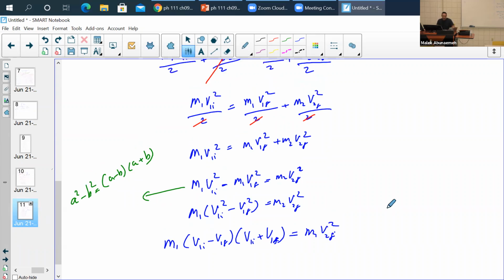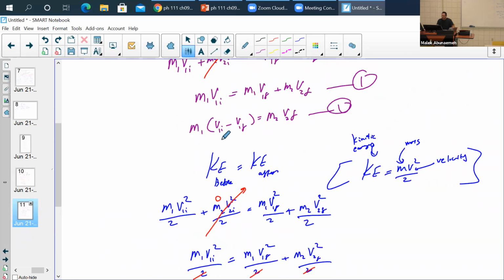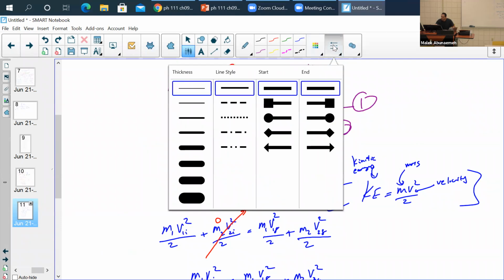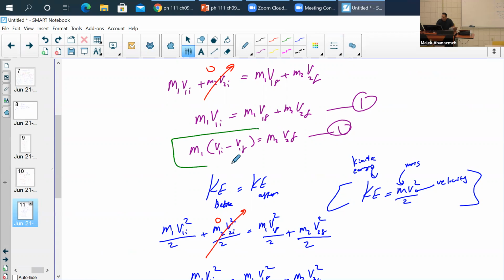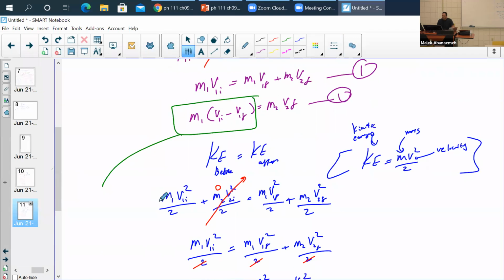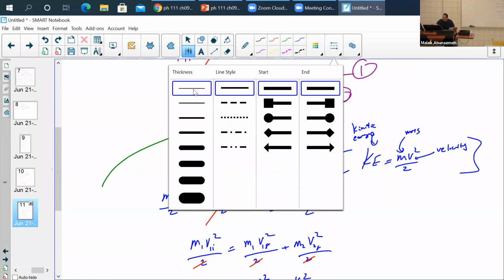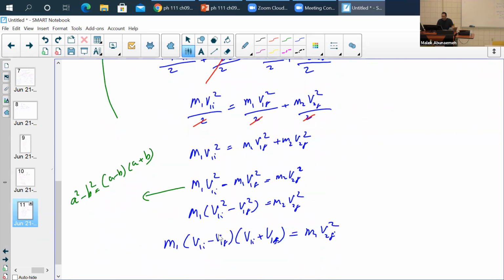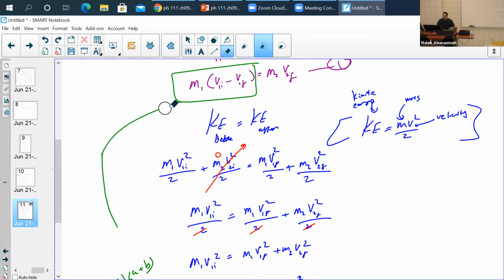Well, we actually have a coincidence. We had M1 multiplied by V1 initial minus V1 final, let me go ahead and get green on this, equal to M2 V2 final. Let me get a different color, that way we would not confuse it with what we had earlier.